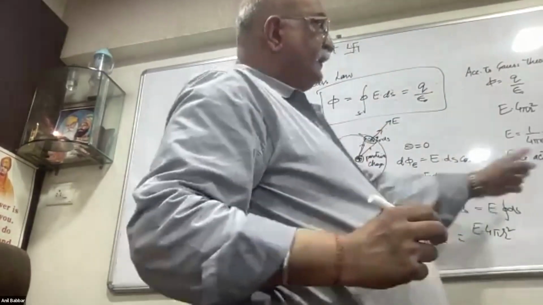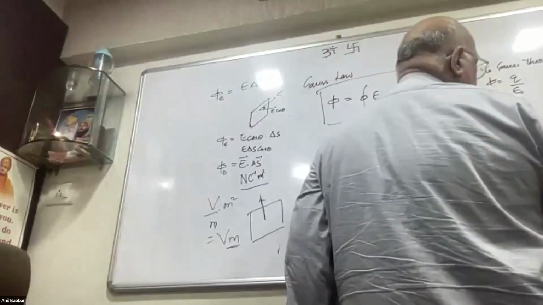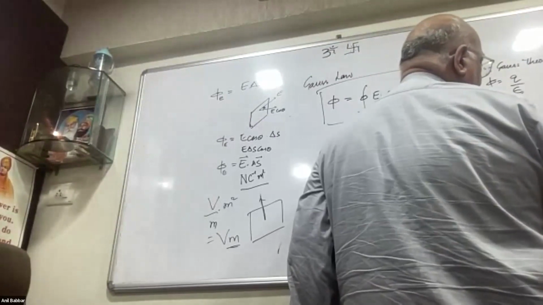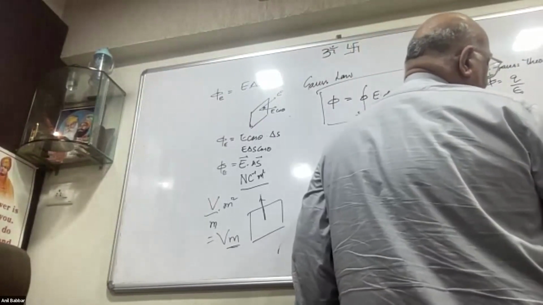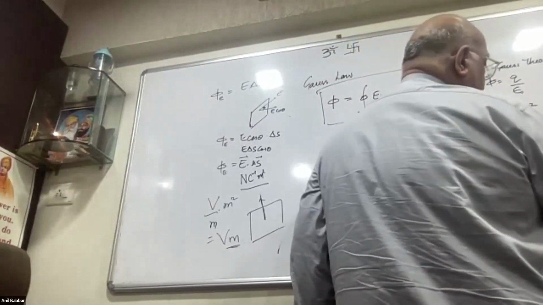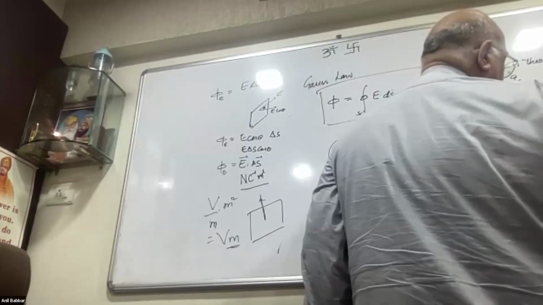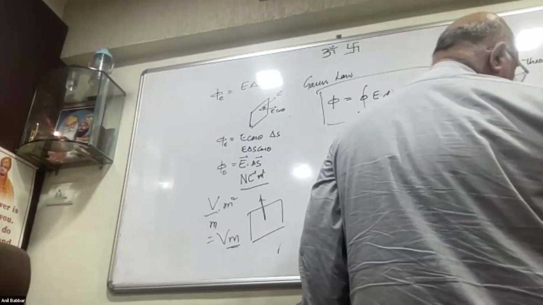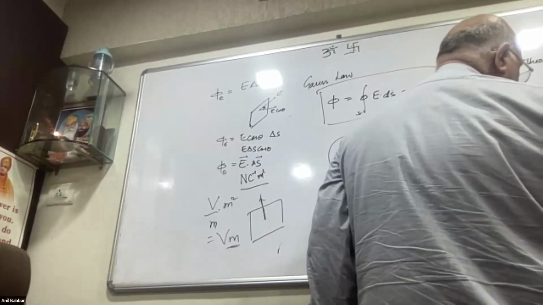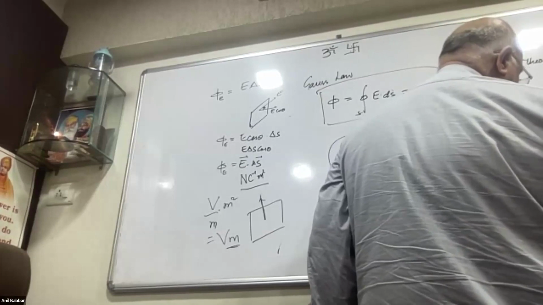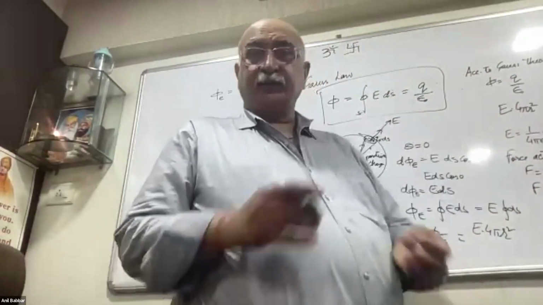Force F is equal to E into Q naught, and the value of E is 1 by 4 pi epsilon naught Q by r square, so F is 1 by 4 pi epsilon naught Q Q naught by r square, which is nothing but Coulomb law. That's the derivation of Coulomb law from Gauss law.